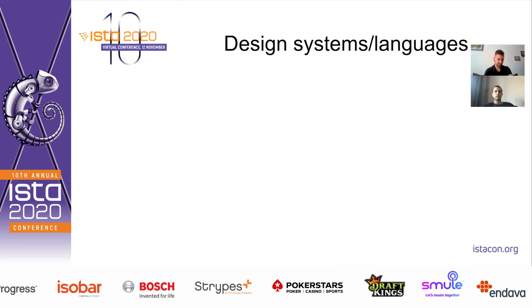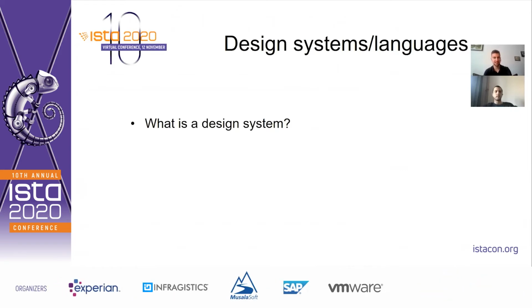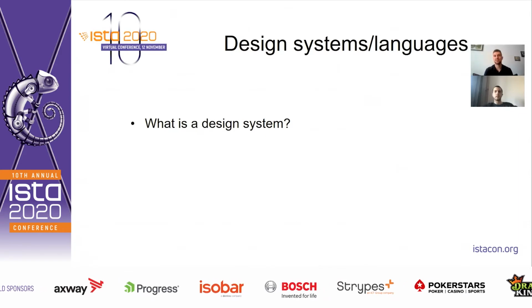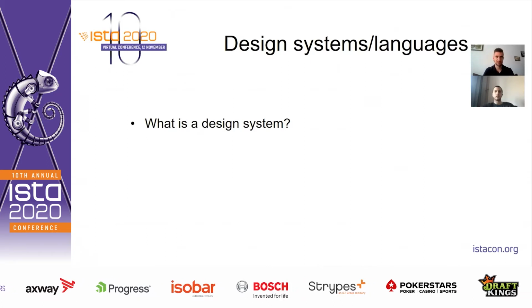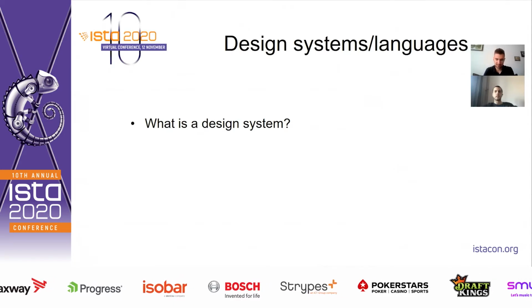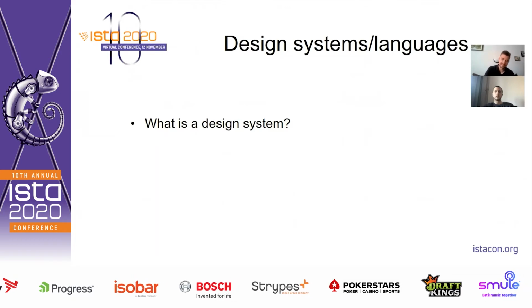Now that I have mentioned design system in my previous slide, I feel like I need to explain what exactly a design system is. There are so many definitions out there about what a design system is, but I came across one that caught my attention, and I think it fits the sake of this presentation the best.